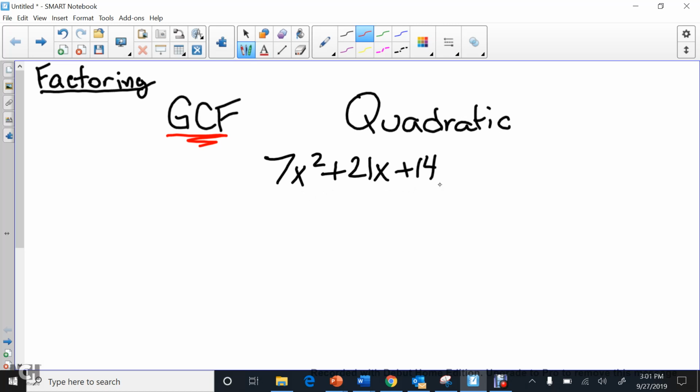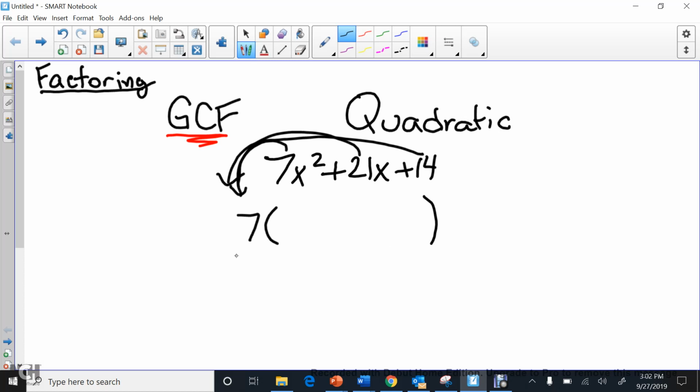And what I mean by in common is they should be able to be divided by this. I notice that 7, 21, and 14 can all be divided by 7. So I am going to pull a 7 out. Again, 7 can be divided by 7, 21 can be divided by 7, and 14 can be divided by 7.